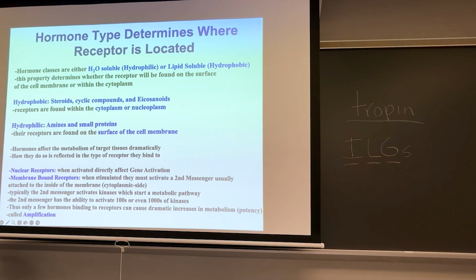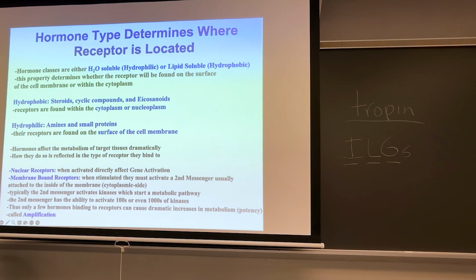Hydrophilic hormones, like amines and small proteins, their receptors have to be found on the surface because they can't pass through a cell membrane, right? And so they're going to have to cause the activation of second messengers. We also know these guys happen to be typically really potent because you don't need a whole bunch of them to reach their receptor at the surface to cause major effects because of amplification.